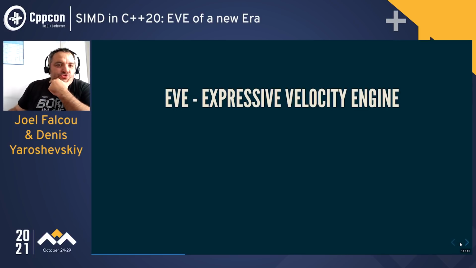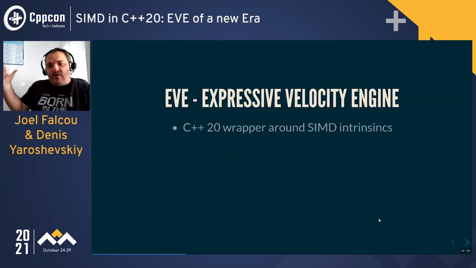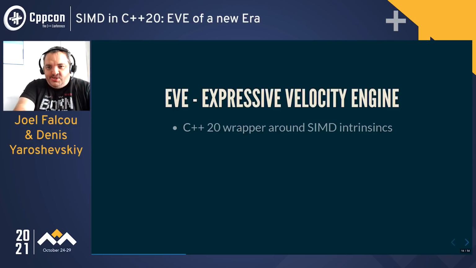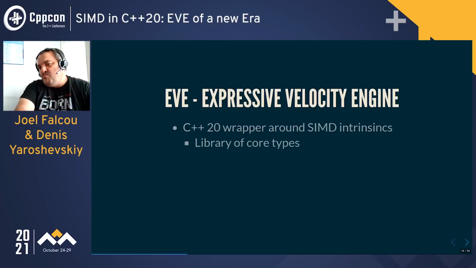So what do we propose? EVE is supposed to simplify that. It starts like a classical wrapper around the SIMD intrinsics. But we wanted to do more. So yeah, we provide something that shields you from actually writing intrinsics by hand. We have a library of core types that do just that. So you can actually write portable code with no issue with respect to the architectures, and you get operators on that, and you get a lot of functions on that.